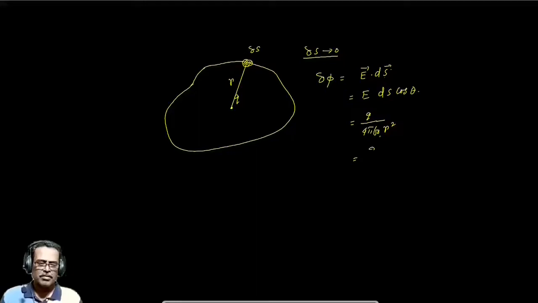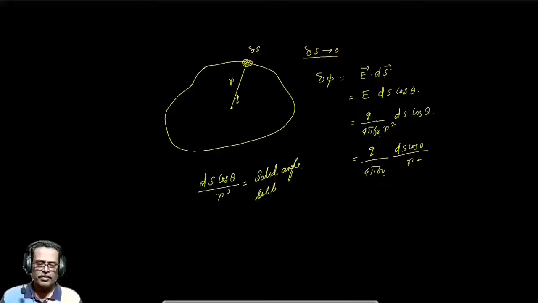Now that is equal to Q by 4 pi epsilon 0 into dS cos theta by r square. We know that dS cos theta by r square is the solid angle subtended by the surface.